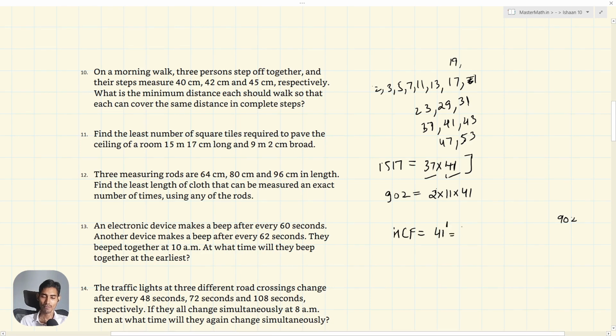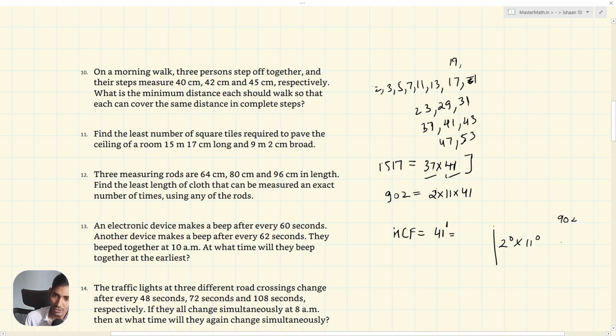That's the HCF. Now in the exam, when you write, if you use this 2 power 0, 11 power 0, it might confuse the examiner. So don't try to use this, although it is valid, because it is less common.